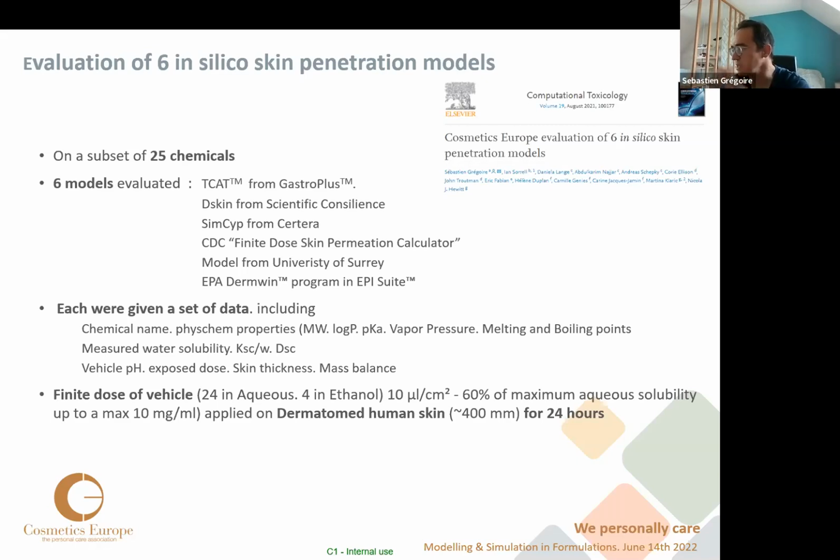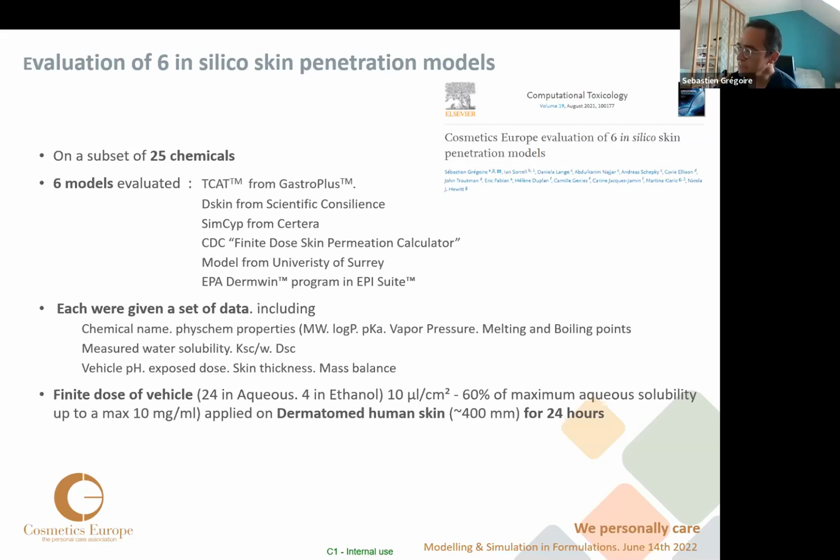So I just precise the condition of the exposure. It was a finite dose of vehicle, meaning 10 microliters per centimeter square, which is a small droplet. 24 chemicals were solubilized in water, and 4 chemicals were solubilized in ethanol.